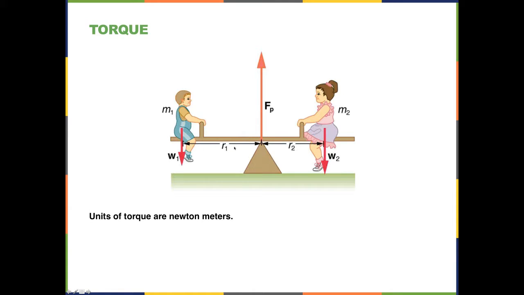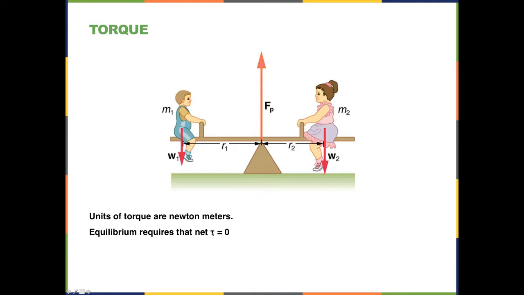And these two products, R1 times W1, has to equal R2 times W2 in order for this to not move. Also, the upward force, FP, that holds the seesaw in place has to be equal to the sum of the 2 weights, and that is shown here.